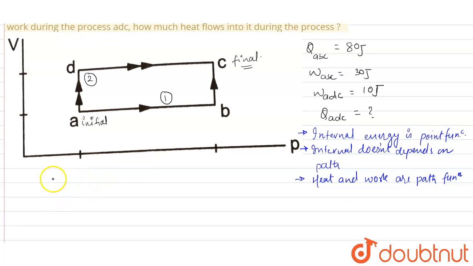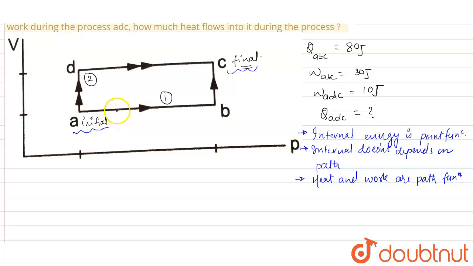So the change in the internal energy from the initial state to the final state will remain the same whether we choose path number 1, that is ABC, or path number 2, that is ADC.